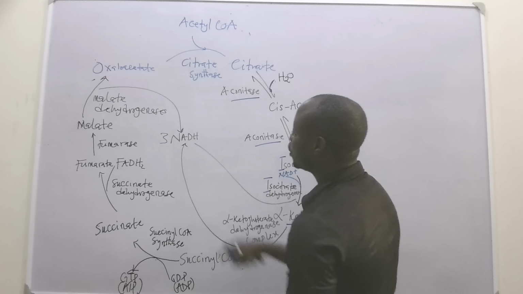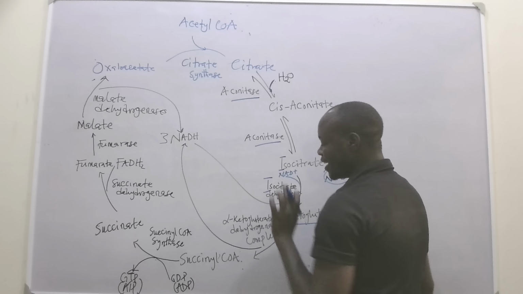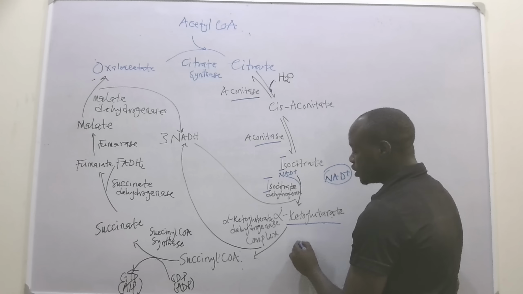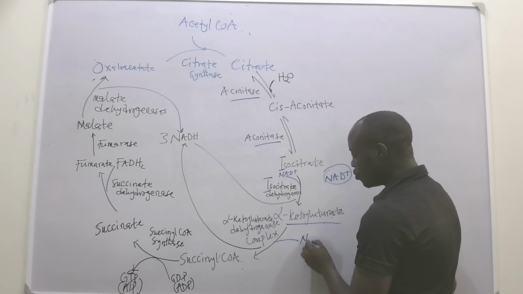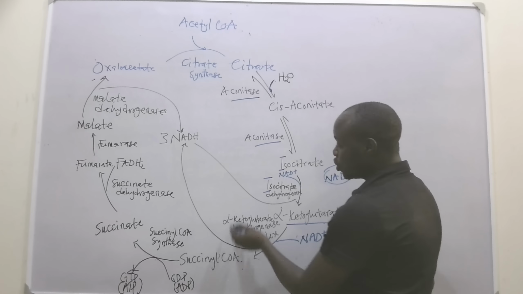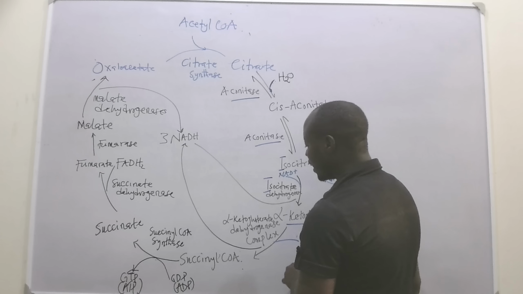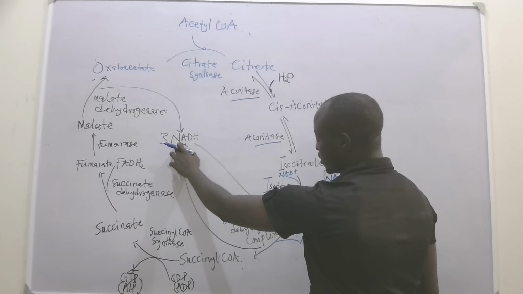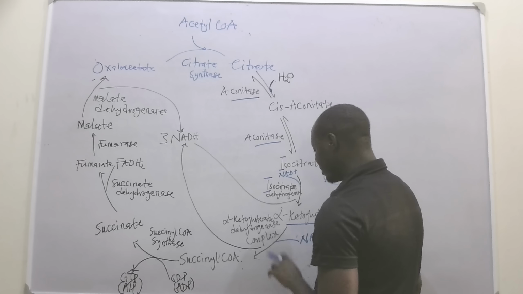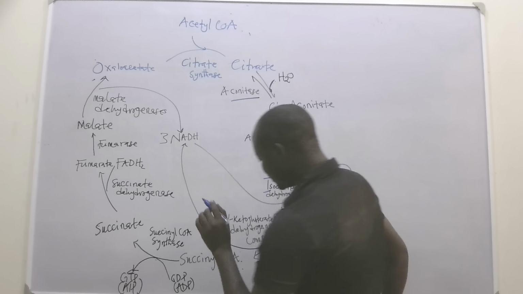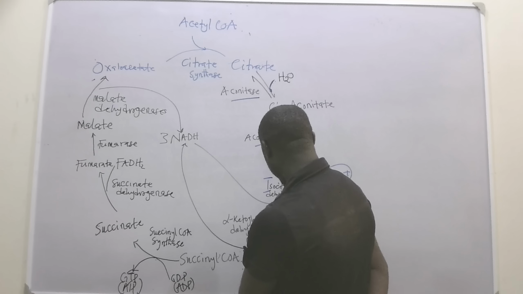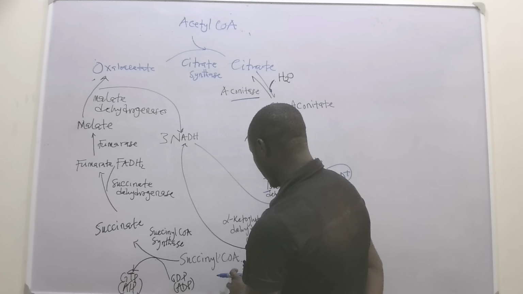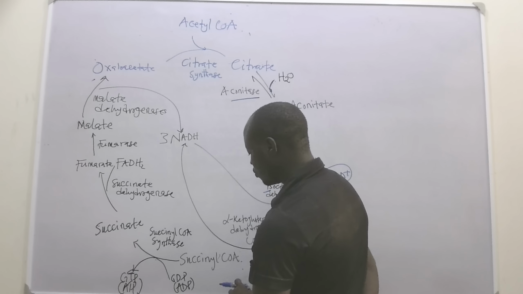And at this stage, one molecule of NAD plus is also utilized by alpha-ketoglutarate dehydrogenase to generate another molecule of NADH.